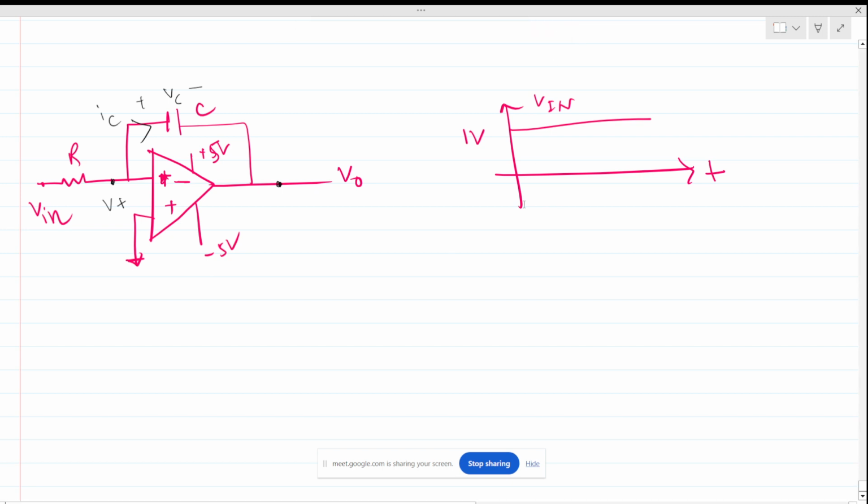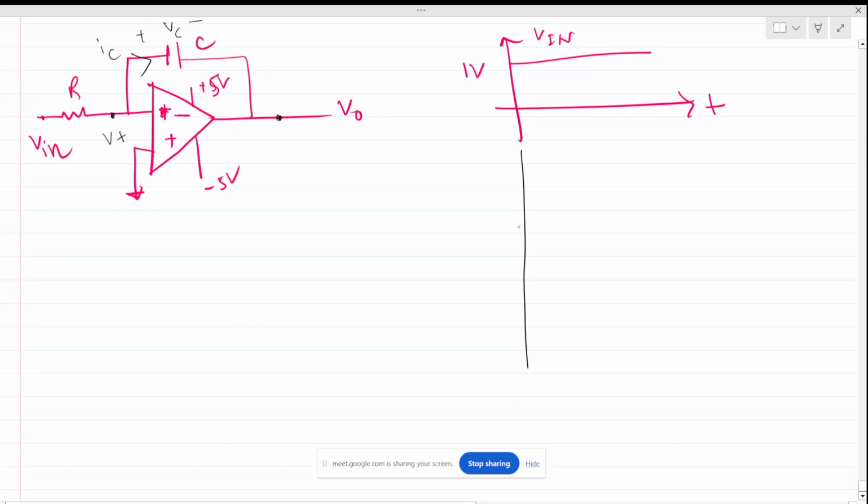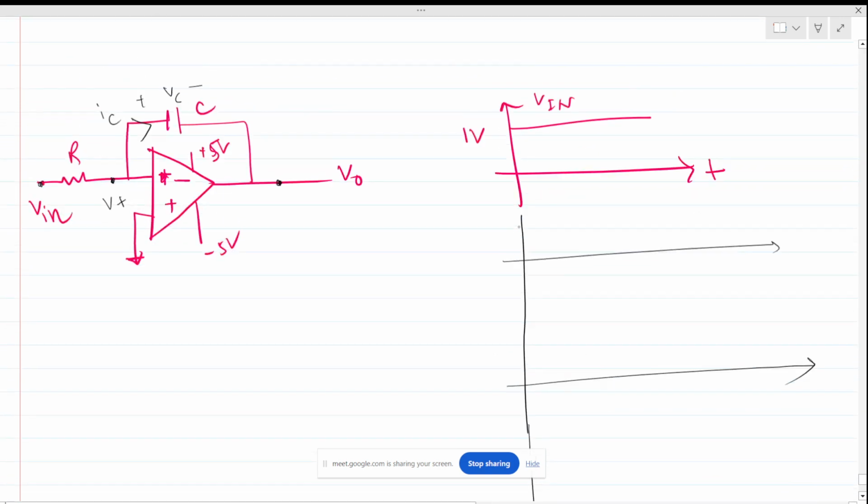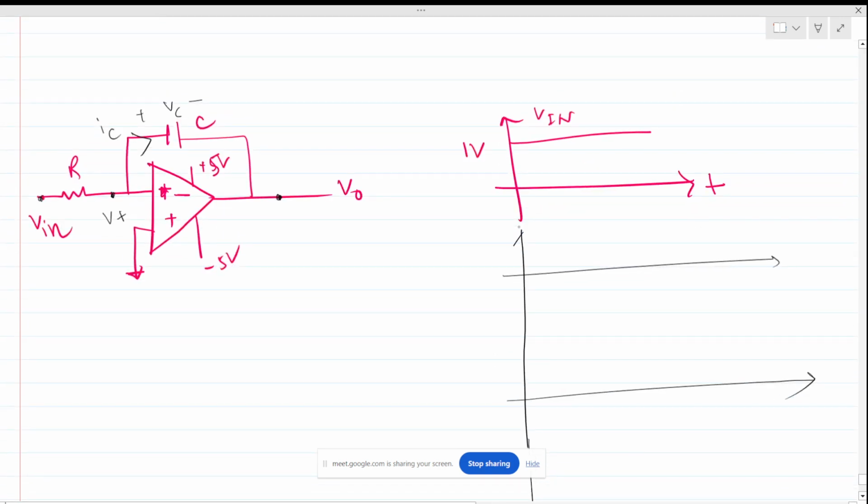Now I will ask a question. How can we go to the solution? What will be your approach? We need 4 parameters. Let's say this is V out versus time.